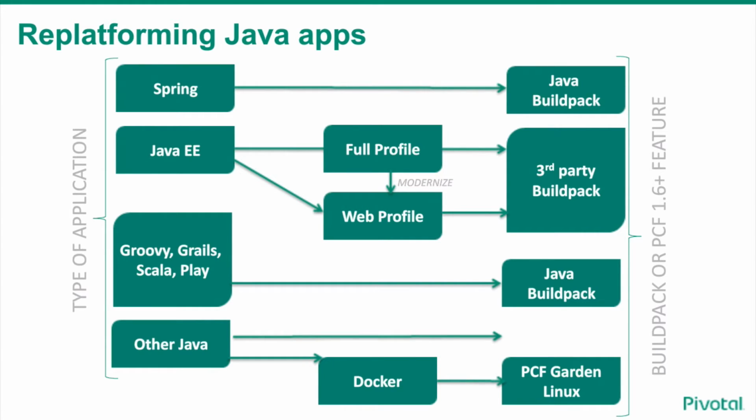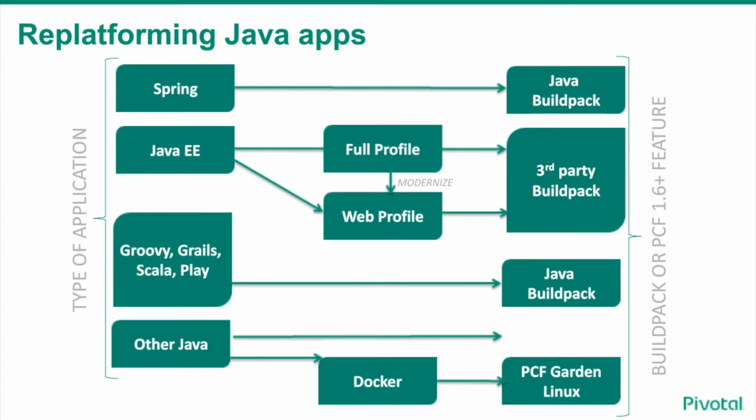If you have some kind of bizarro Java framework that nobody's ever heard of or is unusual, you can stick it in a Docker container and that can run on Linux. That of course is not a panacea. Just putting it in Docker doesn't keep it from violating things like file system usage and stuff like that. You still have to police for those things. But that's another sort of catch-all idea.